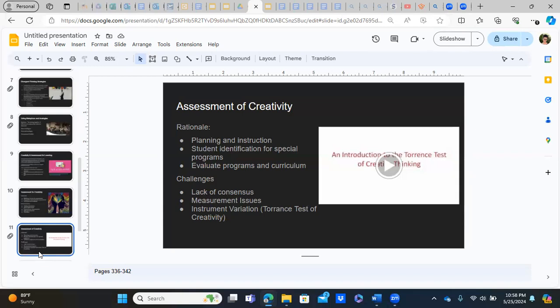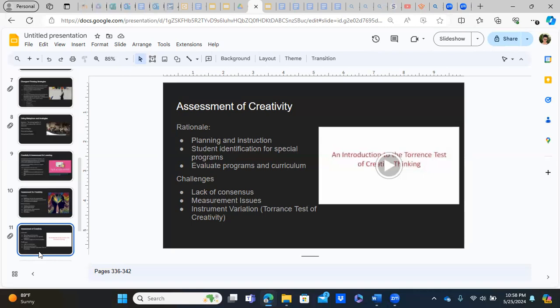What it looks like in performance art is a little bit different than in visual art. What it looks like in the business world is sometimes very different than what it looks like in poetry, the literary arts. So there is a lack of consensus in the field.